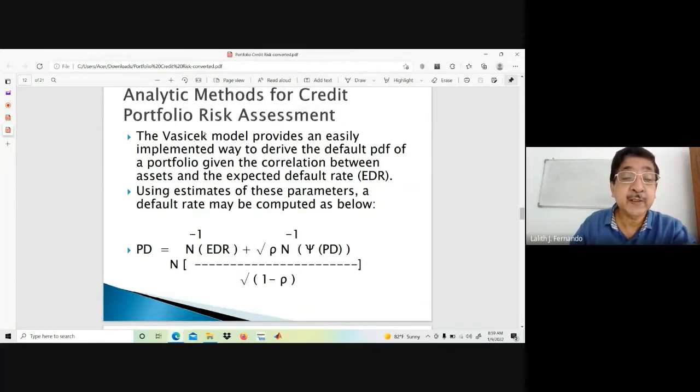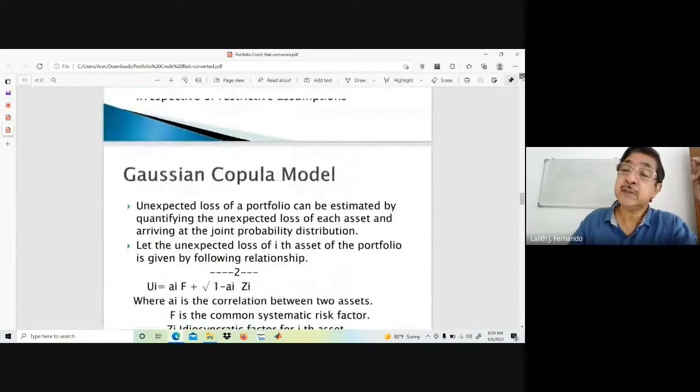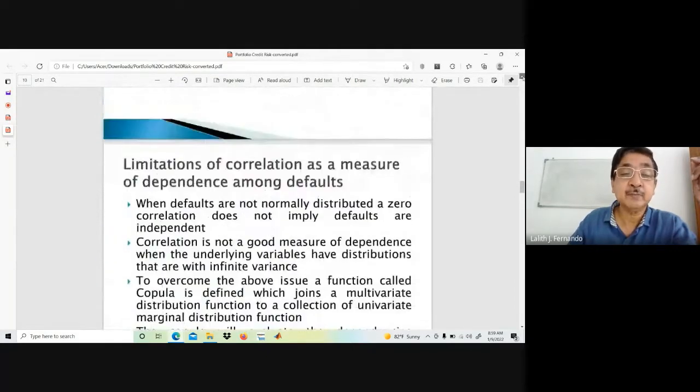It provides an easily implemented way to derive the default PDF of a portfolio given the correlation between assets and the expected default rate, EDR. Now, before going into this, we will see how we can go into individual assets or individual loans' unexpected loss.